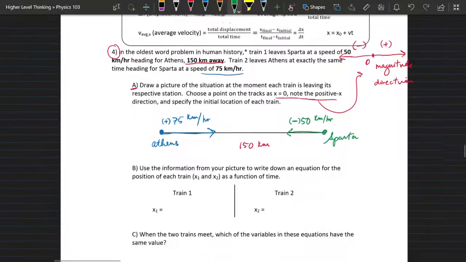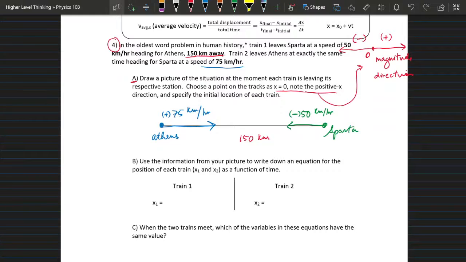So now that we have our picture, part B says use this information from the picture and write down equations for the position of each train. So let's say that x1 is corresponding to the Athens train, x2 is corresponding to the Sparta train.